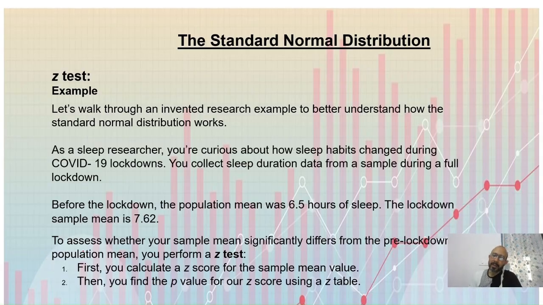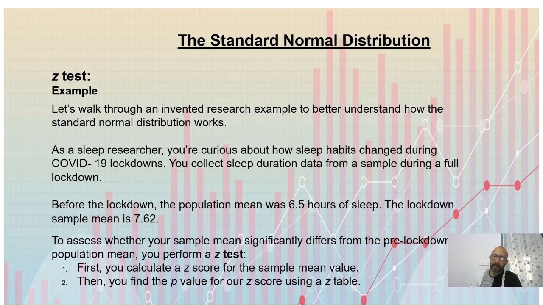Before the lockdown, the population mean was 6.5 hours of sleep. The lockdown sample mean is 7.62. To assess whether your sample mean significantly differs from the pre-lockdown population mean, you perform a z-test.